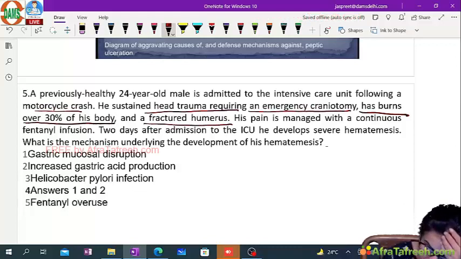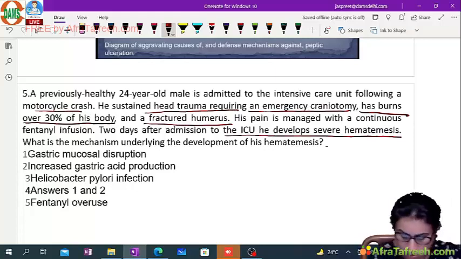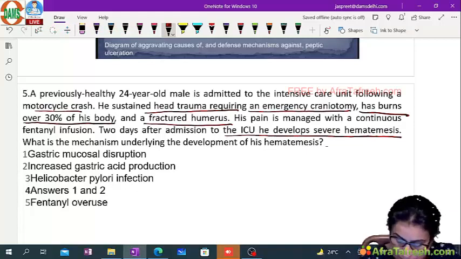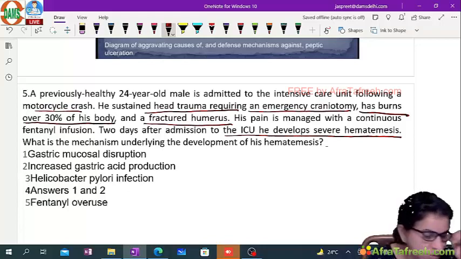His pain is managed with continuous fentanyl infusion. Two days after admission to ICU, he developed severe hematemesis. Which of the following mechanisms underlies the development of this hematemesis? So what is the answer to this?